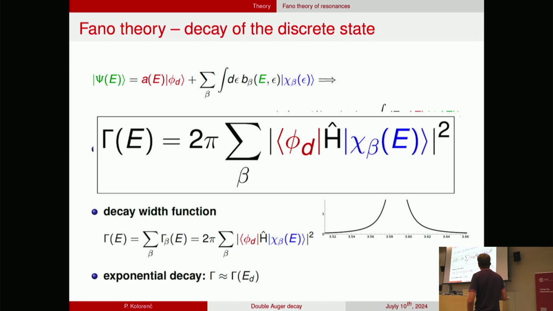energy of the resonance. So what we now need is to somehow represent the initial core hole wave function and the continuum wave function, which represents the different final states.